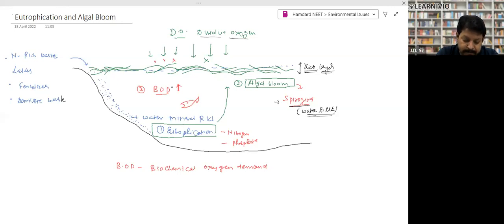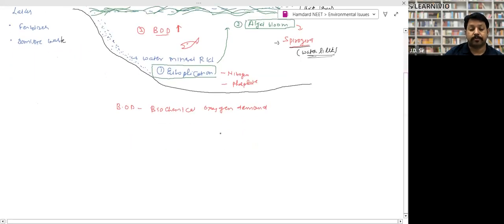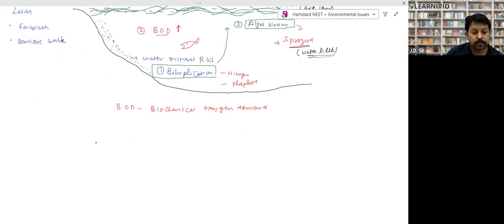Come on, guys. Which one will have more organic matter? More waste material? Come on, Saifullah, tell me. And the algae? I said, which of the following will have more BOD? I have given you option.